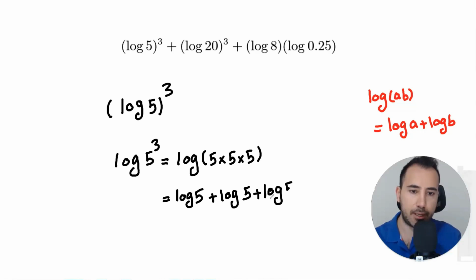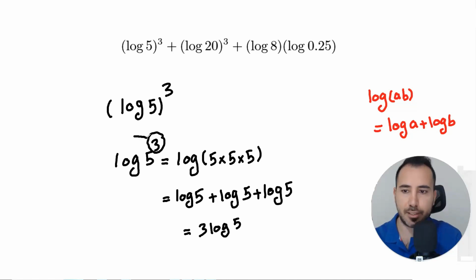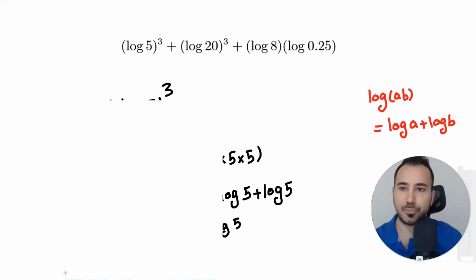As you see, we have 3 of these, so it's going to be 3 log 5. In other words, for this one the 3 can jump down, but we're not allowed to do the same thing here because it's asking us to find log 5 first and then cube it. That's what makes this question extra tricky.